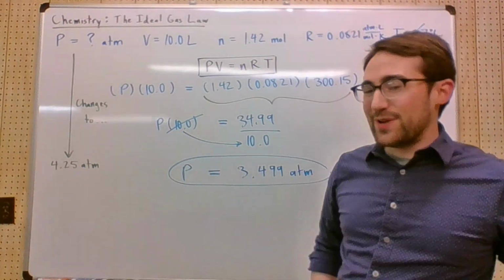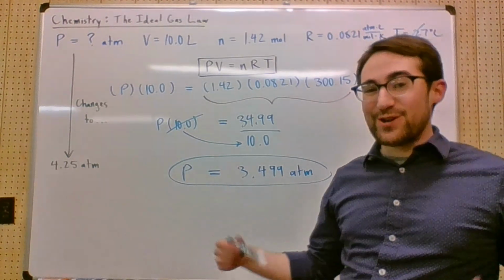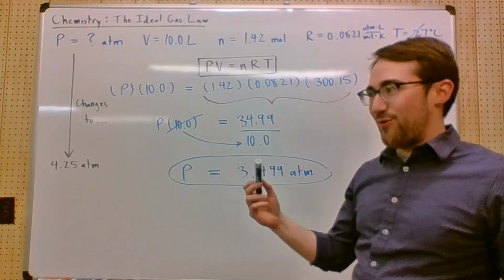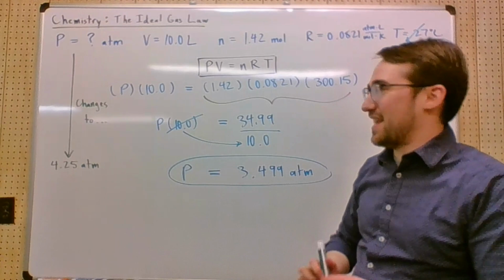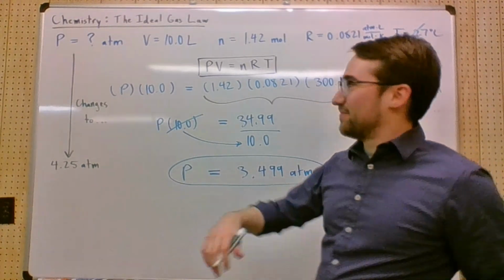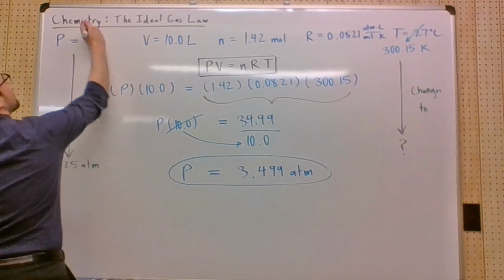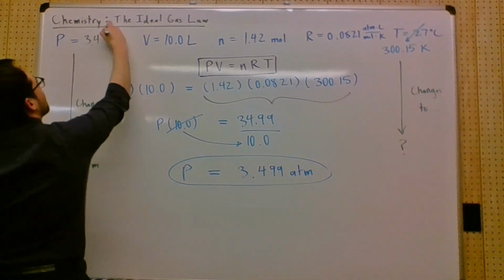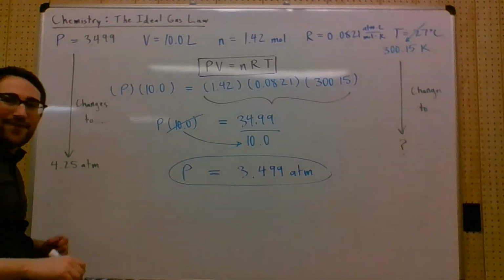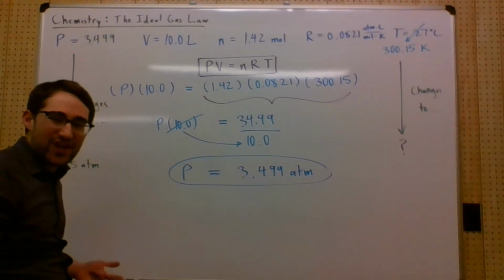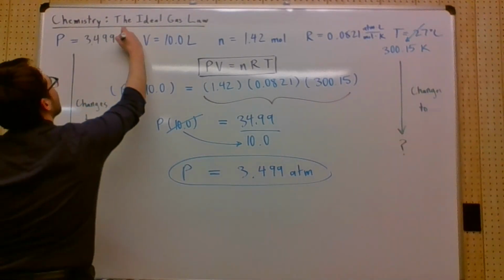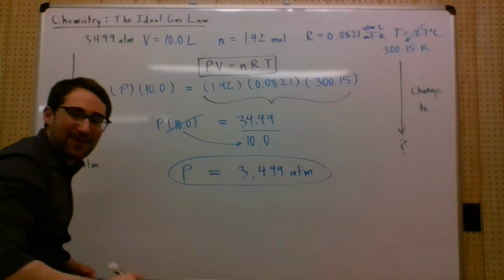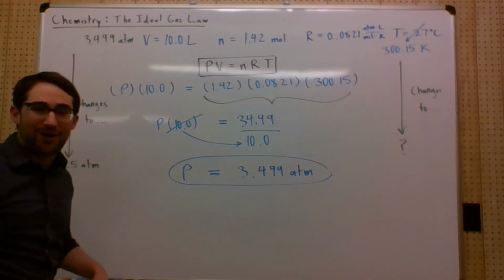Okay, before, when we did gas laws, we had some original variable. We called it a little 1, so like P1 or T1 or something like that. So let's show that. I found it to be 3.499-ish atmospheres. And specifically, this is my original pressure, and I'm going to call that P1.